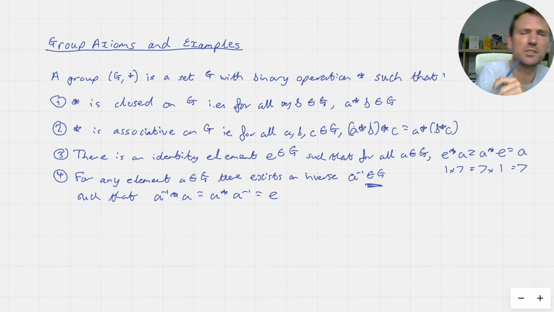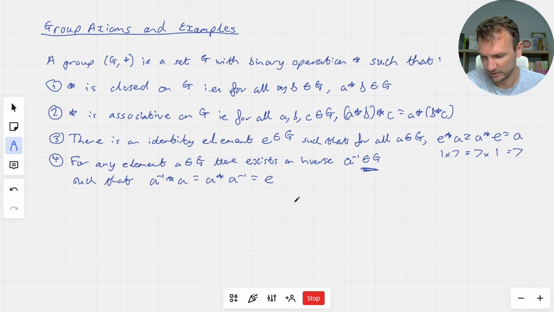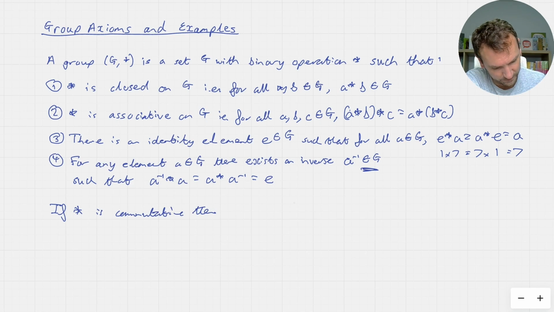There's one thing I want you to notice isn't in these rules, which is commutativity. We mentioned commutativity in the previous video, that A star B is equal to B star A. Now, we do give a special name to a group where our operation is commutative. If our operation star is commutative, then we say the group is abelian.